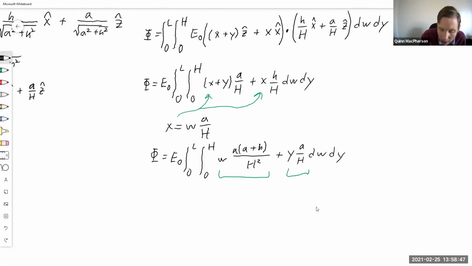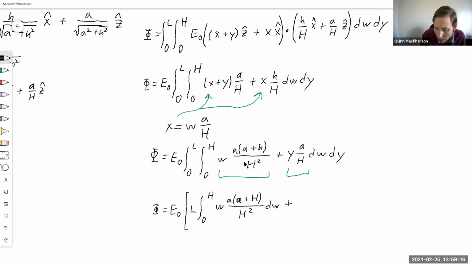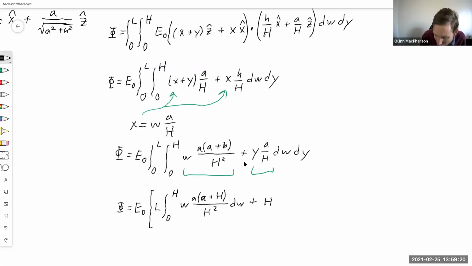So we can rewrite this as phi is equal to E naught times quantity: the first one, we're only going to have a w integral, and we're going to have an L out front, L integral from 0 to h of w (a plus h) over h squared dw, plus the second one, h is going to come out front, and we're going to have the integral to L of y a over h dy, like so.